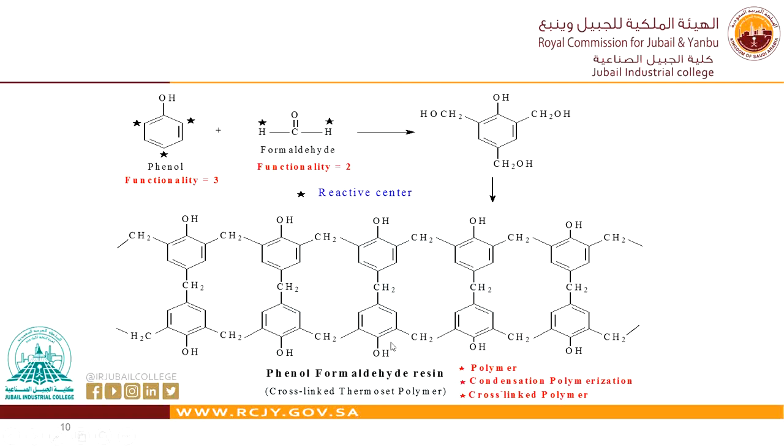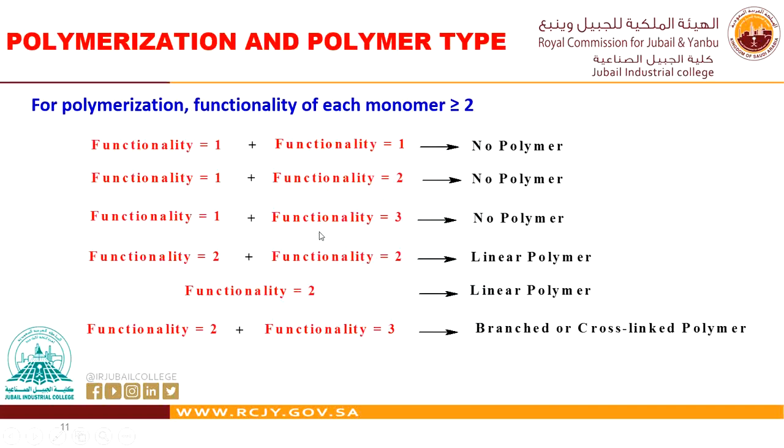Now, you don't have to worry about the structure, but all you need to remember is that for phenol, the functionality is equal to 3, and for formaldehyde, functionality is equal to 2. So if you combine phenol with formaldehyde, you end up with a cross-link polymer, and the reaction is called condensation polymerization because it involves reaction of functional groups, which leads to elimination of small molecules.